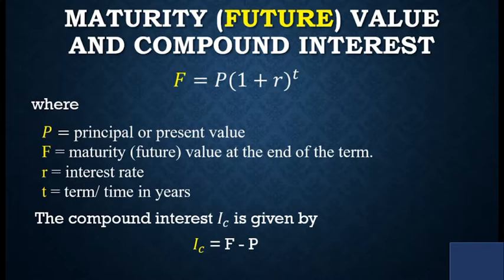F, the maturity or the future value at the end of the term. R, the interest rate. T, the term or time in years. So the compound interest, I sub C, equals the future value minus principal or present value.